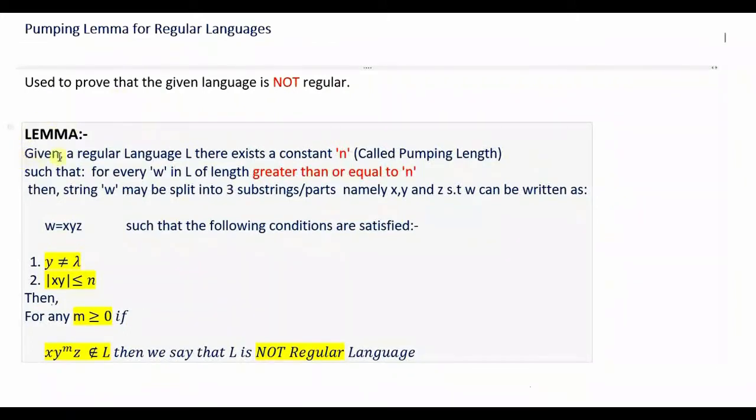Now what does this pumping lemma say? It says, given a regular language L, there exists a constant n, called the pumping length.